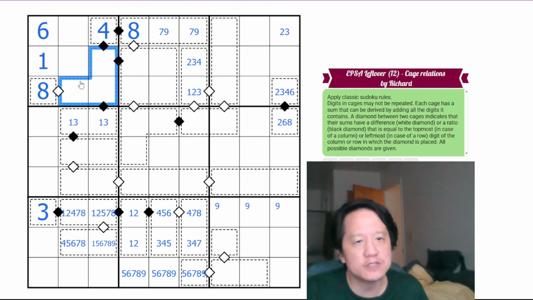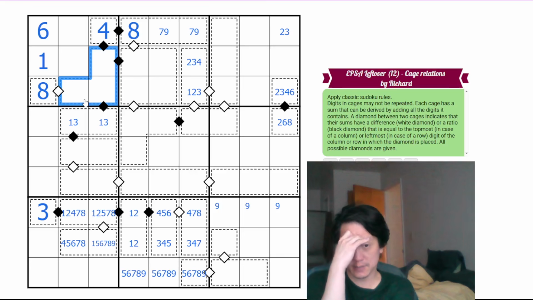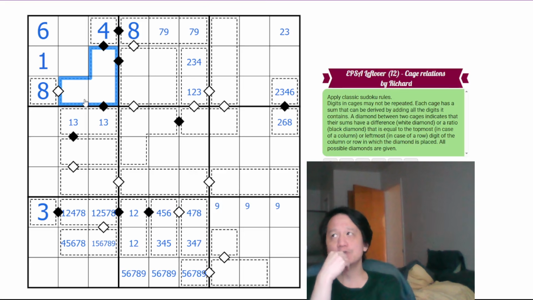Remaining, okay, so this adds up to 16 without 1, 4, 6, and 8. So what are the possible combinations for 16? 2, 3 doesn't work. 2, 5, and 9 adds up.